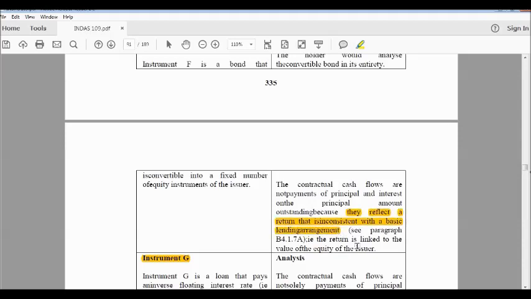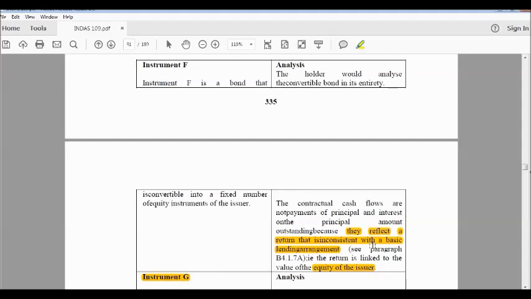That is, the return is linked to the value of the equity of the issuer. Because the issuer is also giving you the right to convert the bond into a fixed number of equity instruments, this case is also not solely payment of interest and principal.